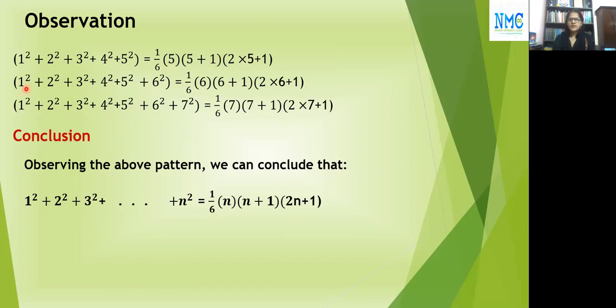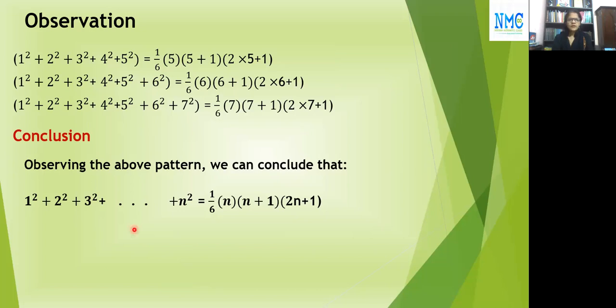Similarly, the sum of the squares of the first 6 natural numbers is 1 by 6 into 6 into 6 plus 1 into 2 into 6 plus 1. The sum of the squares of the first 7 natural numbers is 1 by 6 of 7 into 7 plus 1 into 2 into 7 plus 1. So as I said, it is a consistent pattern. You can try by taking up to 8 square, up to 9 square like this.